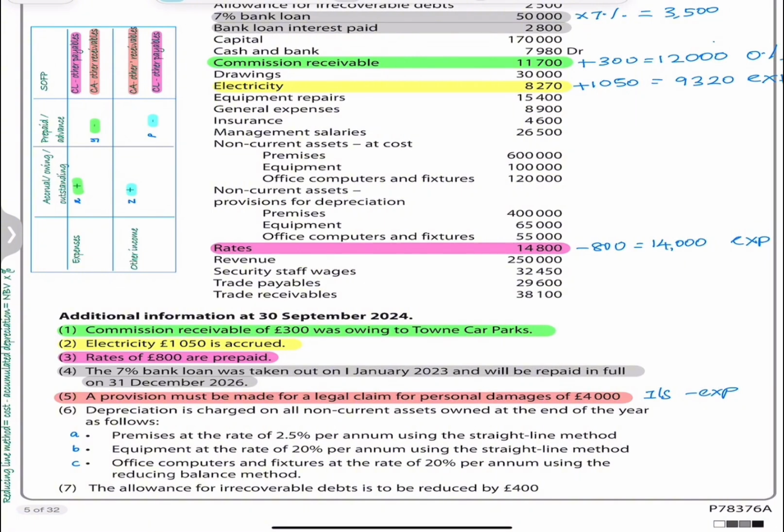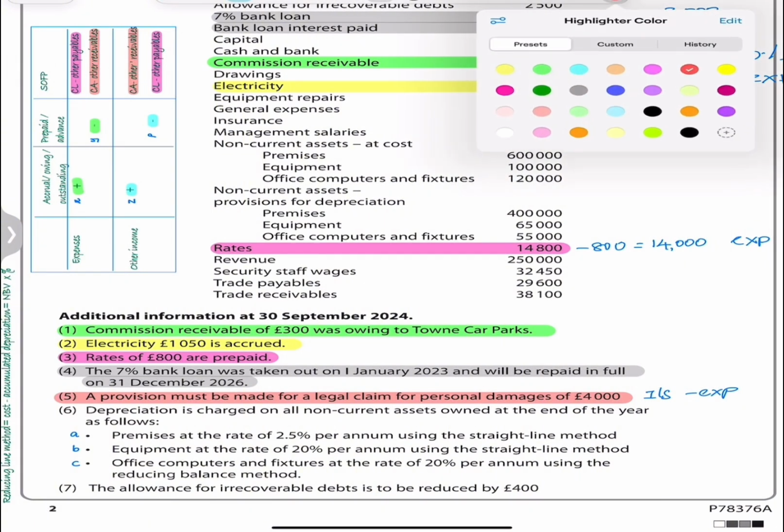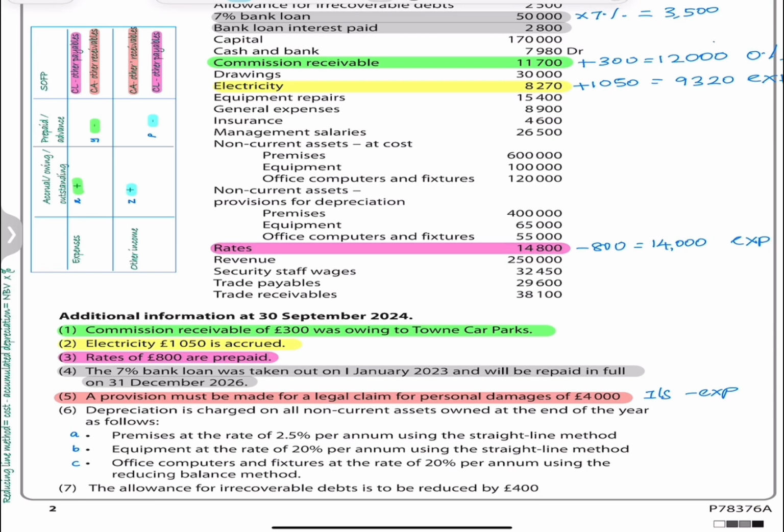Next is depreciation. Please ensure to see if there are any purchases or sale of non-current assets. In the additional information, you do not have any disposal or purchases of non-current assets, so we simply calculate the depreciation. Premises, 2.5% using the straight line method.